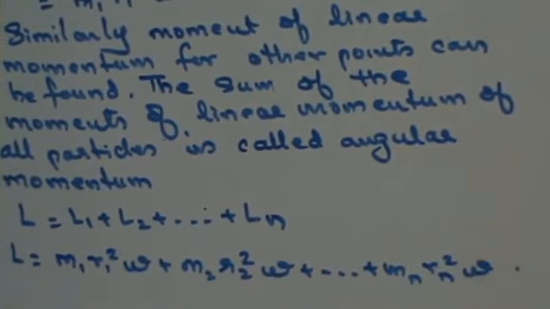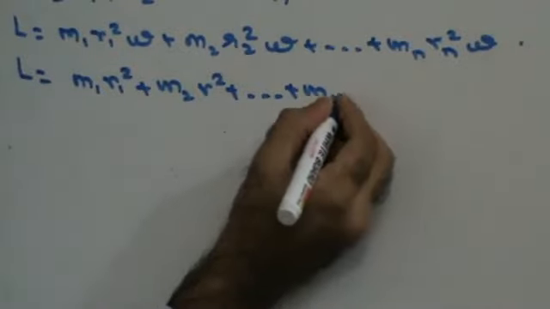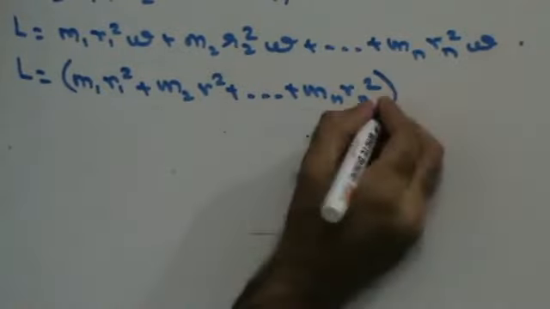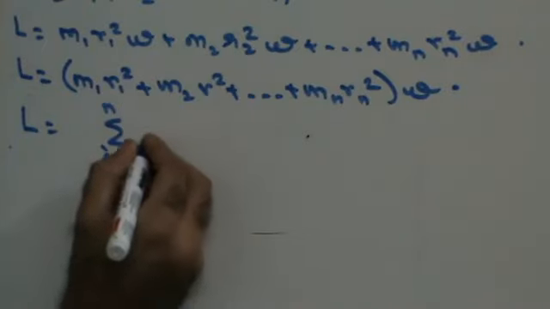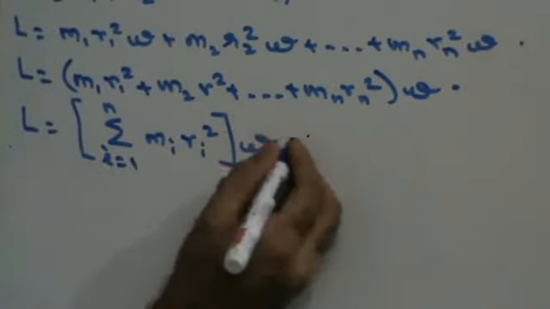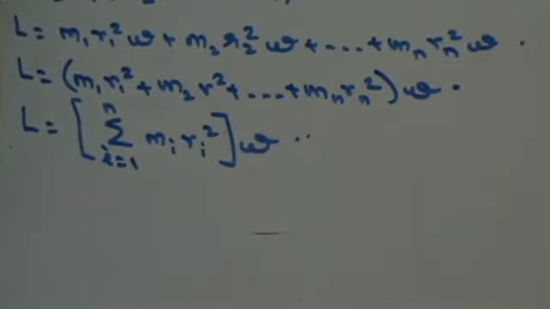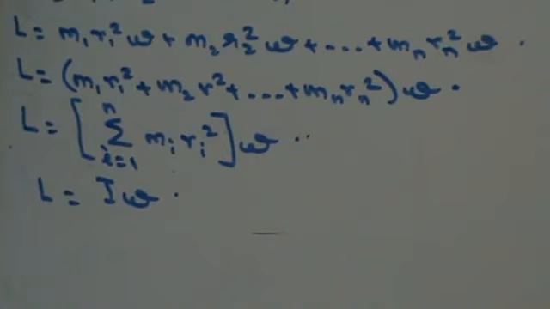Here I could take omega common, so this will be m1 r1 square plus m2 r2 square plus mn rn square, into omega, but this can be written as the sum from i equal to 1 to n of mi ri square into omega. But mi ri square is nothing but moment of inertia, so I can say L is equal to I omega. So angular momentum is defined as a product of moment of inertia and angular velocity, right?